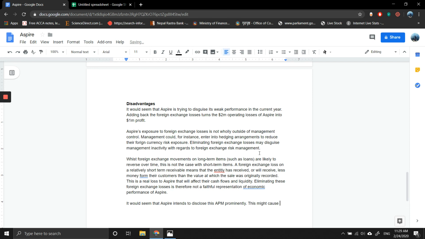This might lead users of financial statements to wrongly believe that it is a subtotal identified within IFRS standards, which could have a material and potentially misleading impact on current and potential investors.